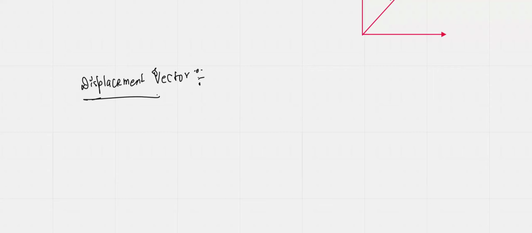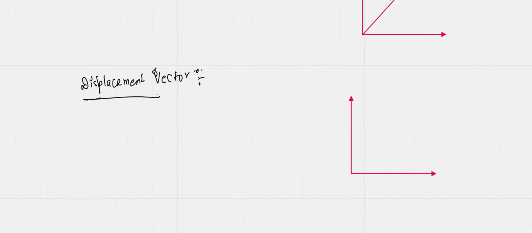Let's say this is my 2D plane. Things are the same for 2D and 3D, but it's easier for us to visualize 2D as compared to 3D. Assume I have two vectors.